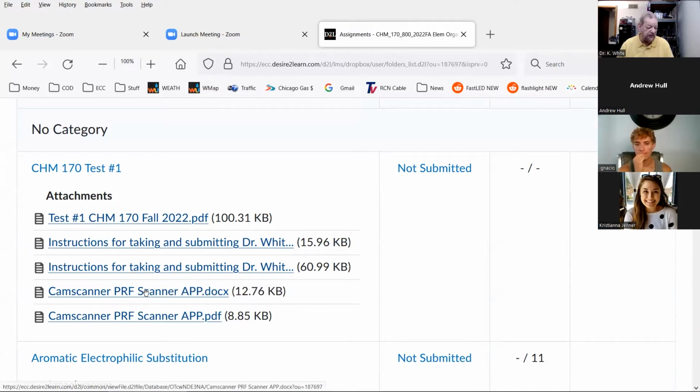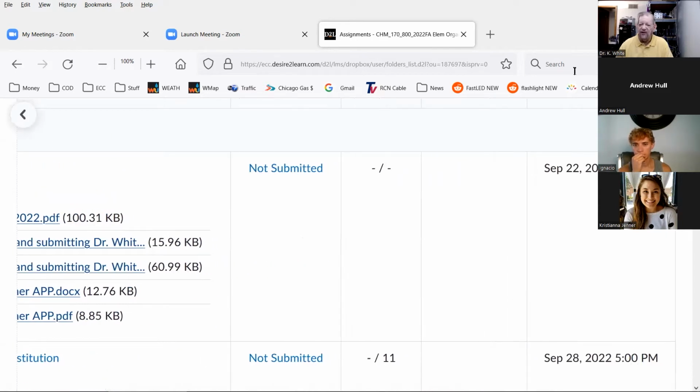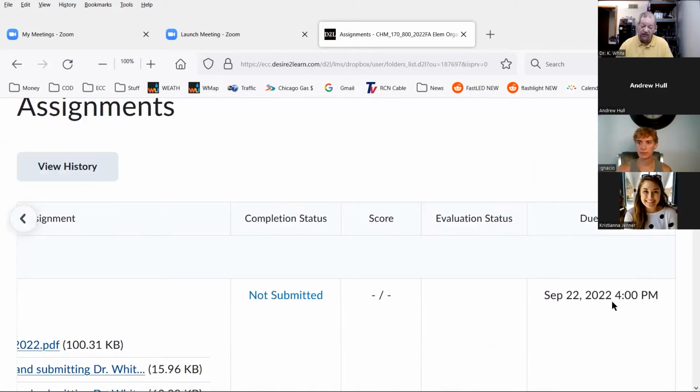And here's instructions I found out from another faculty member a number of years ago that there are students who wanted to use the app CamScanner. Do not use the paid version with all the bells and whistles. Use the free version. That's all you have to. And there's another way of doing that, and I have that described in these instructions. And notice the due date is tomorrow, 4 p.m. So you have plenty of time.